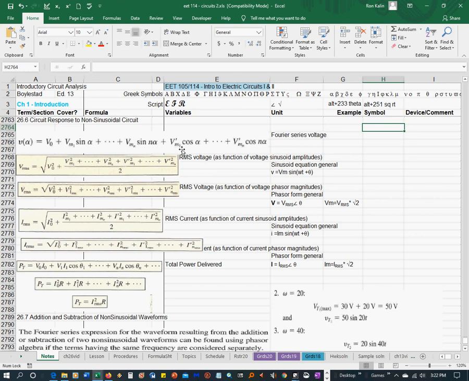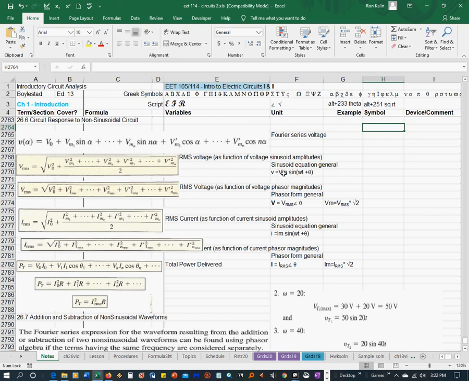Then we have the cosines, if they're even there, the V prime squared m1, and so on, the V prime squared m2, V prime mn squared. And then you take that entire quantity, divide it by 2, add it to V0 squared, take the square root.